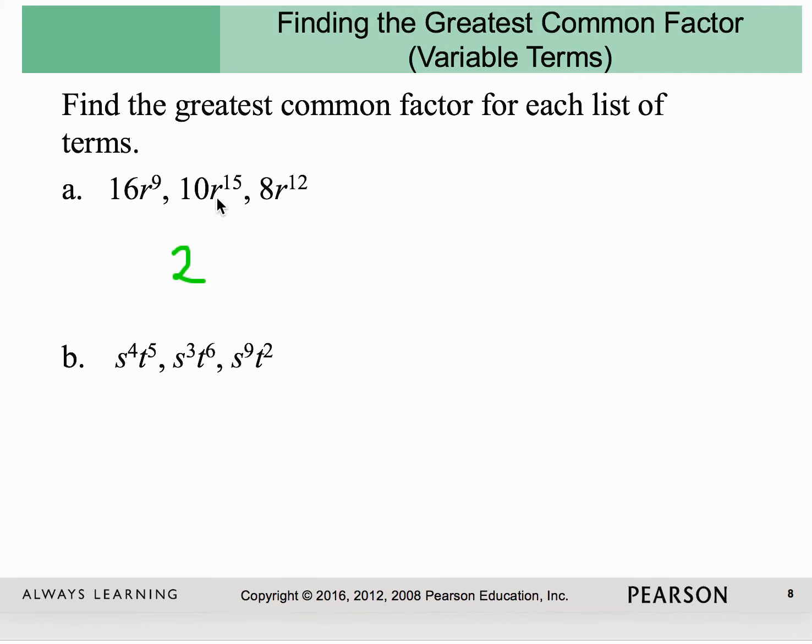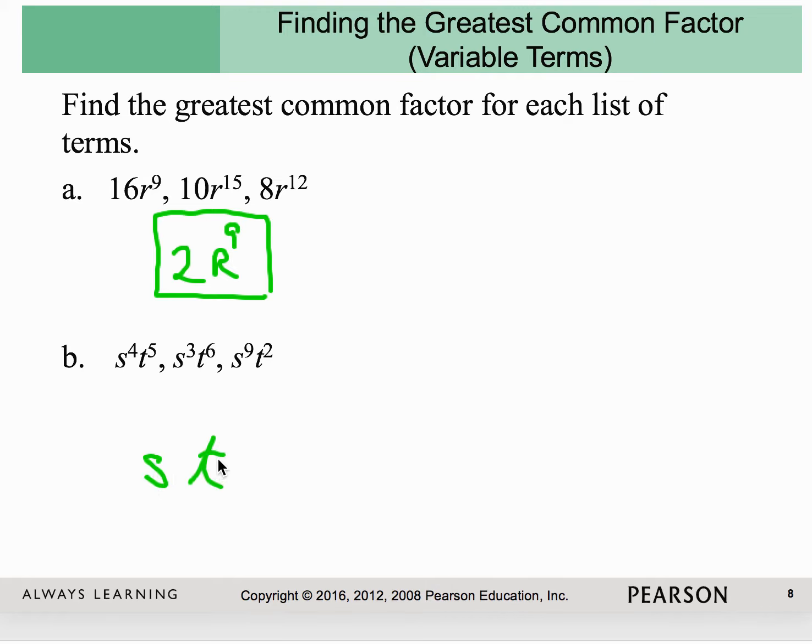Now they all have an R, so I'm going to take some R's. I just have to figure out how many, and it's always the smallest exponent. So that's your greatest common factor. Now down here there's no numbers except 1, so that's my numeral. They all have some S's and they all have some T's.